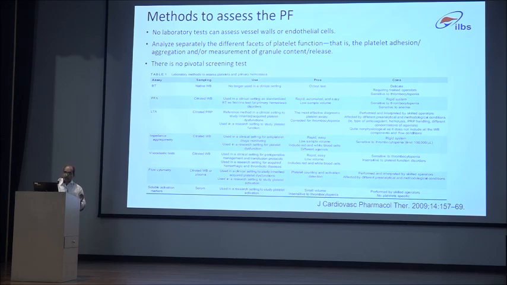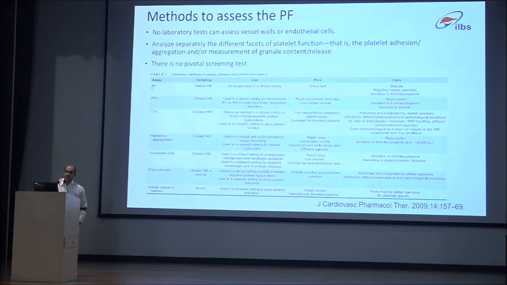So there is no method by which we can encompass all three things together, and that's why there is no pivotal screening test available for the platelet functions by the lab methods. So what lab methods do we have?